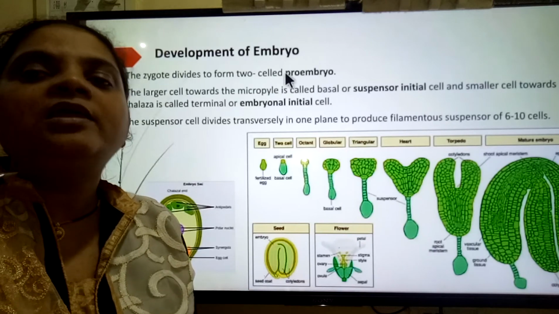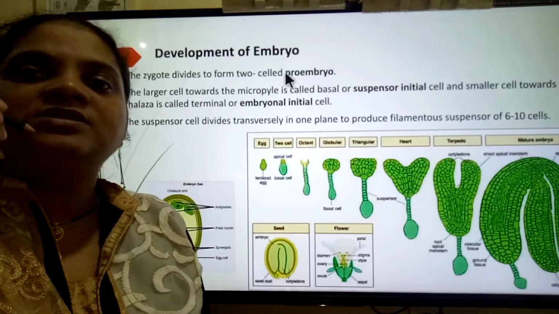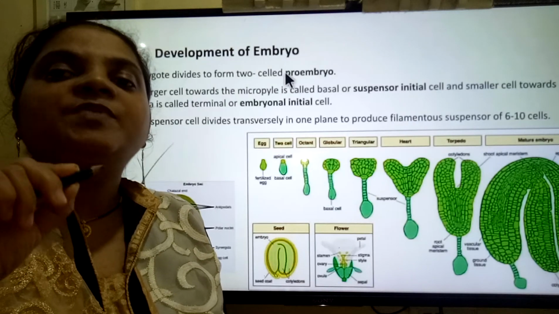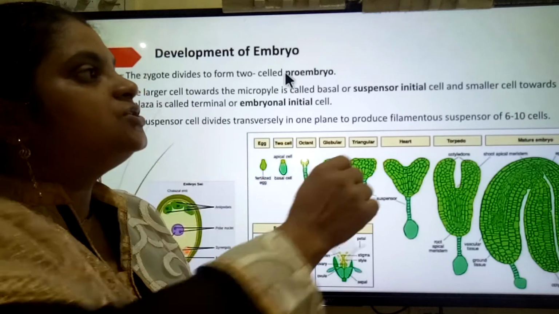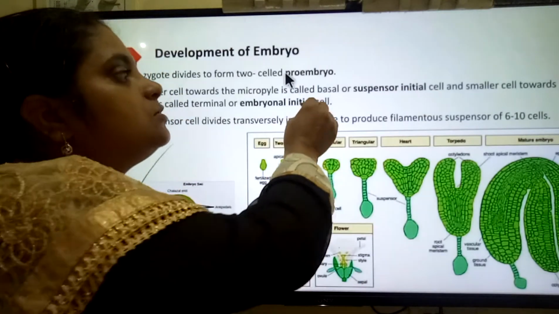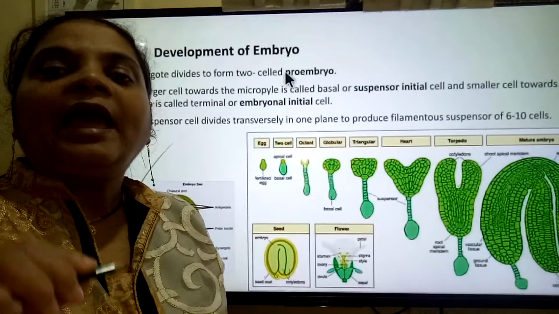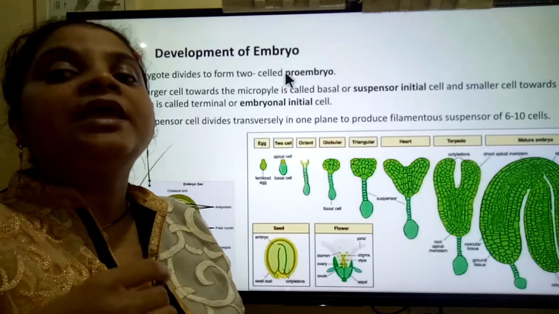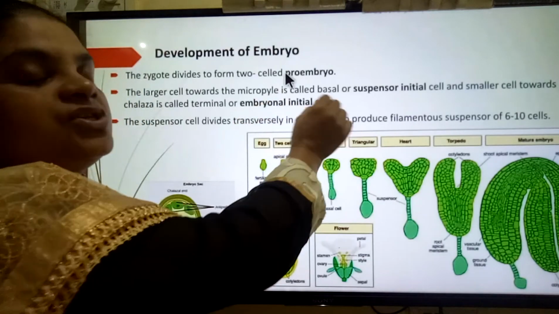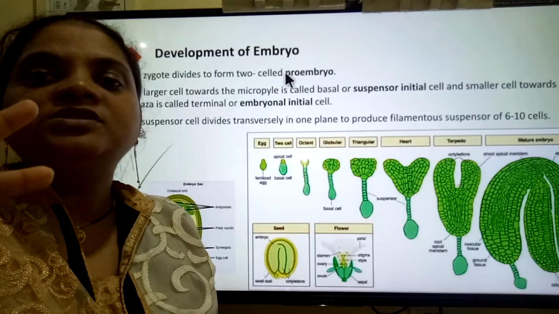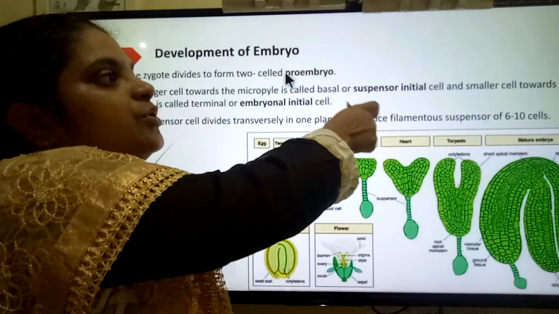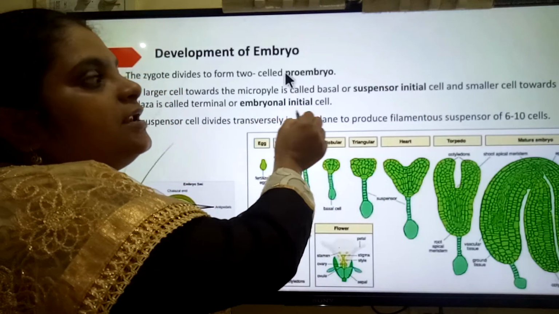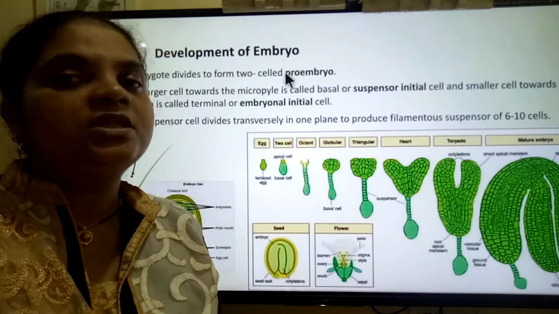The cell towards the micropylar end is called the suspensor initial cell, also called the basal cell. At the chalazal end is the terminal cell, also called the embryonal initial cell. So the 2 cell structure called the proembryo consists of the suspensor initial and the embryonal initial cell.